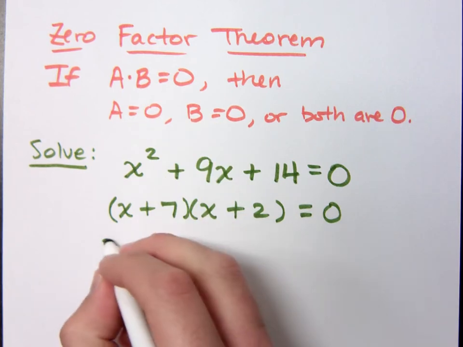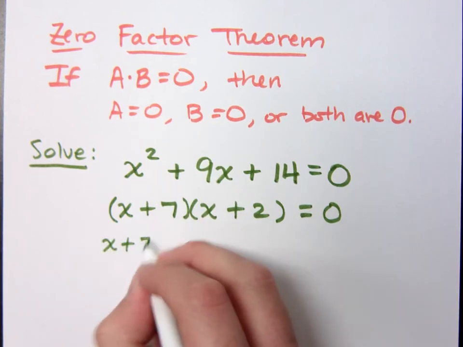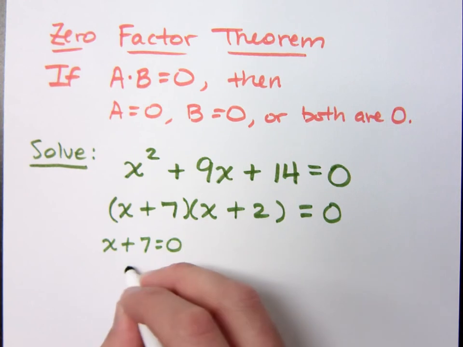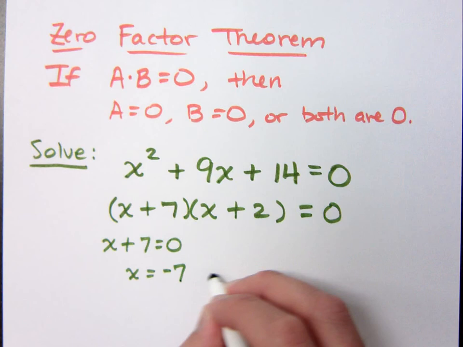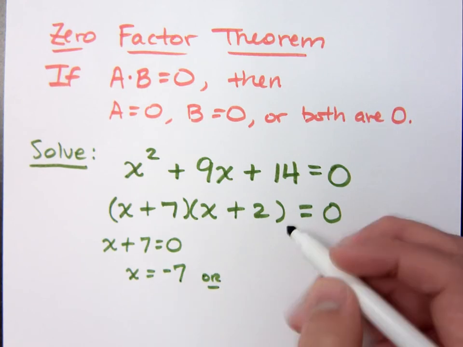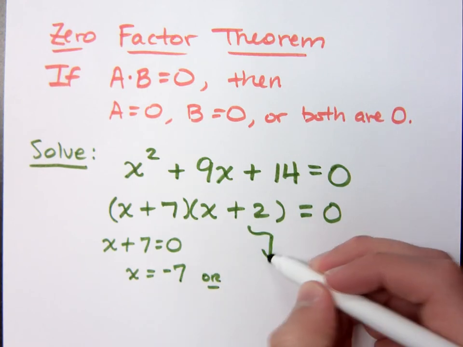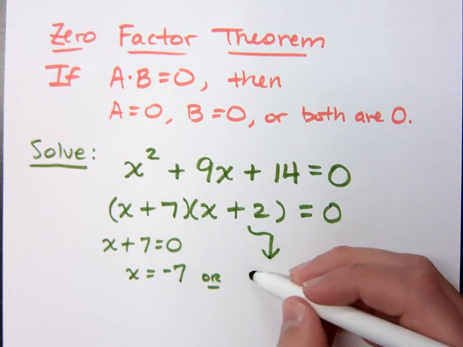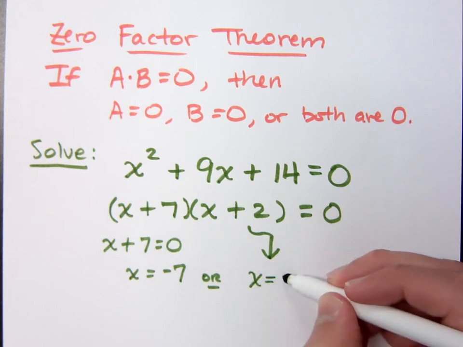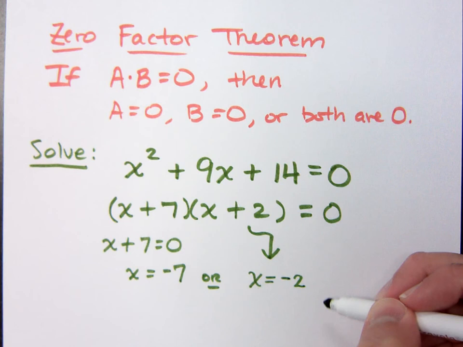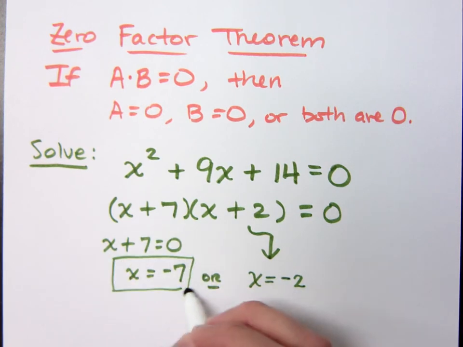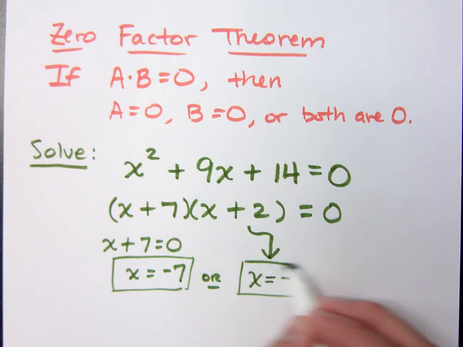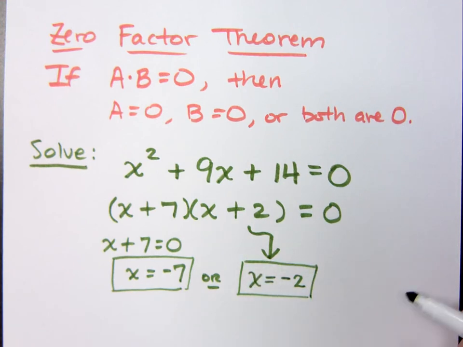So x plus 7 is equal to 0, which means x equals how much? Negative 7. Or what solution do I get from the other factor? I don't need to write everything. I get x equals negative 2. So I have an equation that has two different answers. If you were to replace x with either one of these numbers, it would make it true.